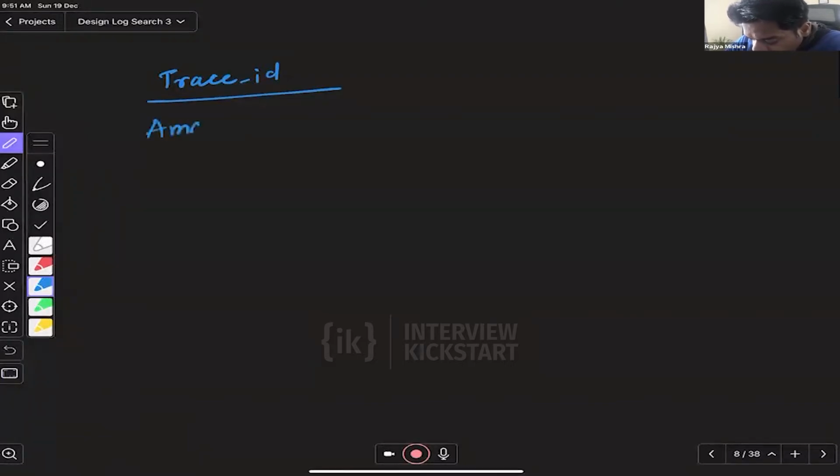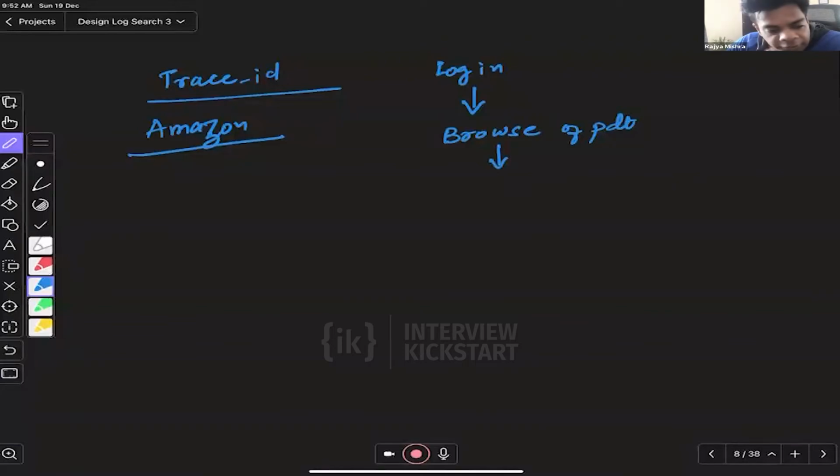Maybe let's take the example of Amazon, and let's look at the user journey. Let's say the user logs in, right? Then the user does browsing of products. Then the user says, okay, I like this product, so I will add it to my cart. Then the user does checkout.